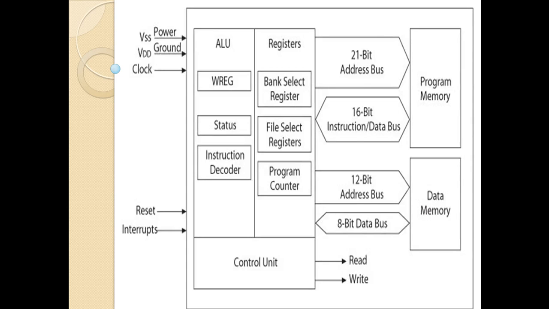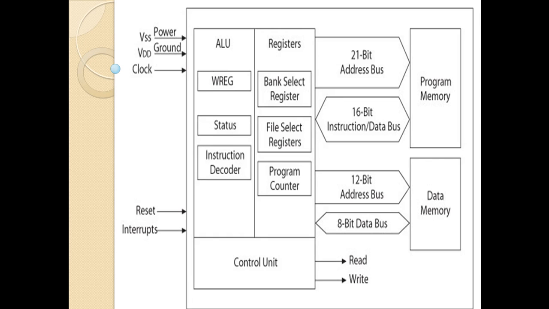As per the view, we can see that program memory and data memory are separately accessed by the address bus and data bus accessed through registers, which are further controlled by the control unit. For program memory, address bus is of 21 bits with a combination of 8 plus 8 plus 5 bits, as it is an 8-bit processor, and data bus of 16 bits of combination 8 plus 8.